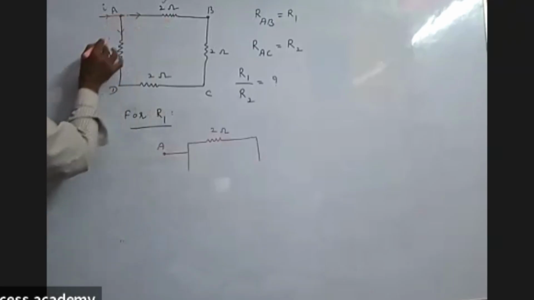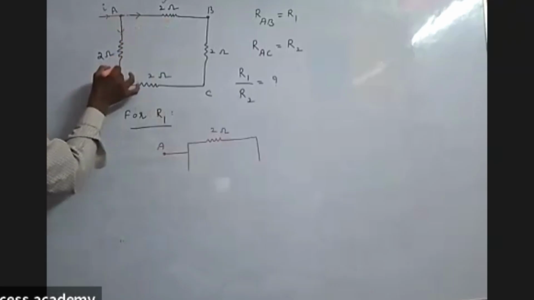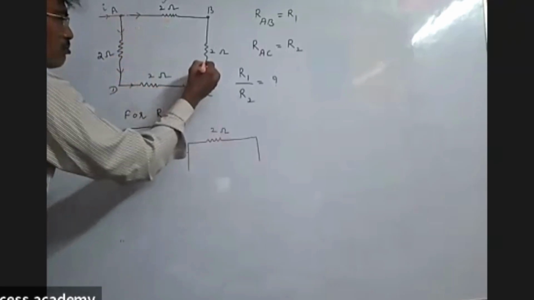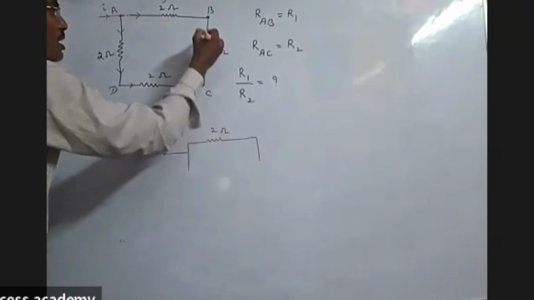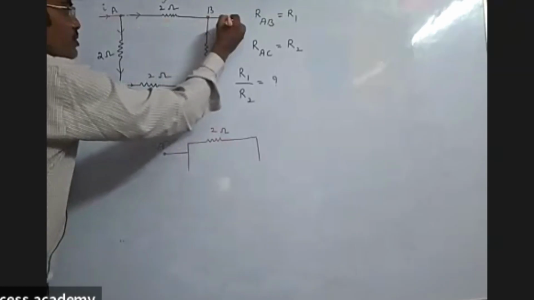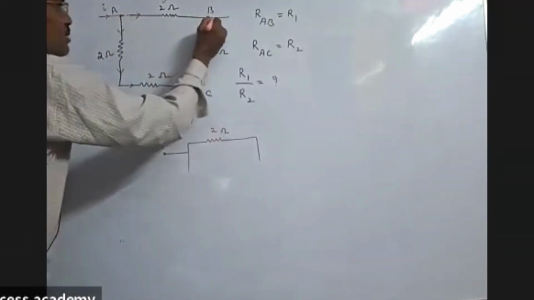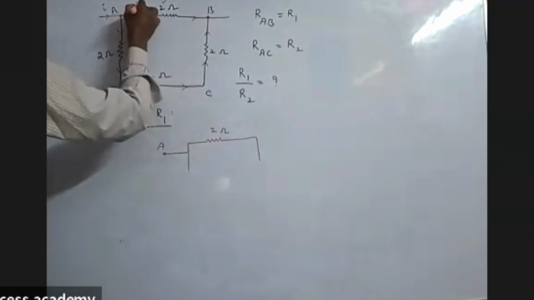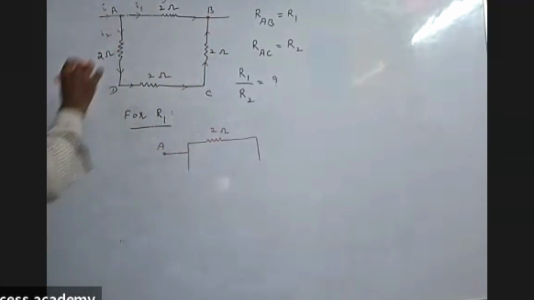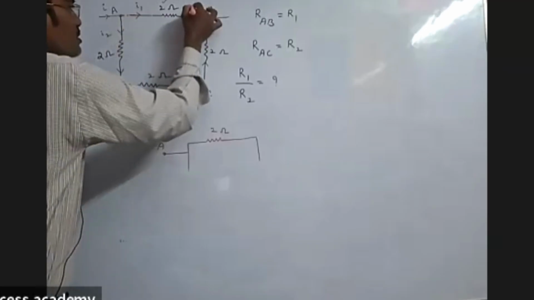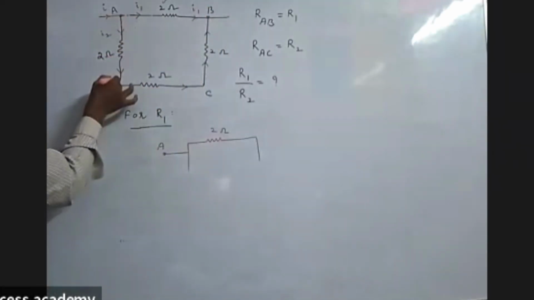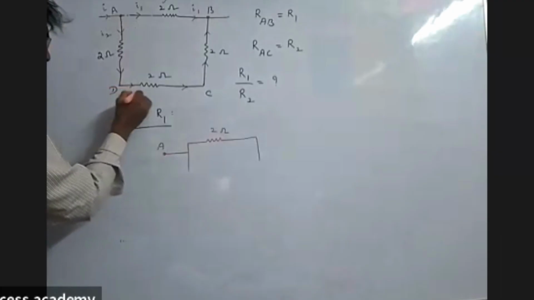Current is coming, moving, and reached this point. From here this current is coming. For example, this is I1 and this is I2. I1 is coming in this direction, and I2 is moving in this path and in this path also.